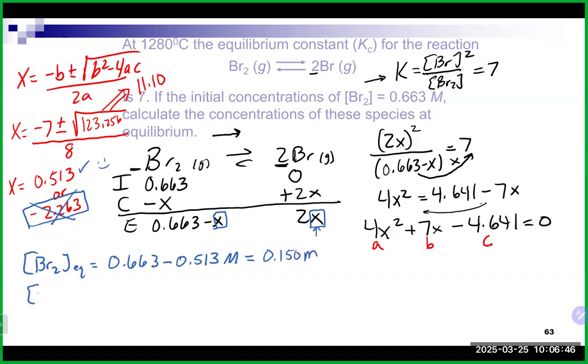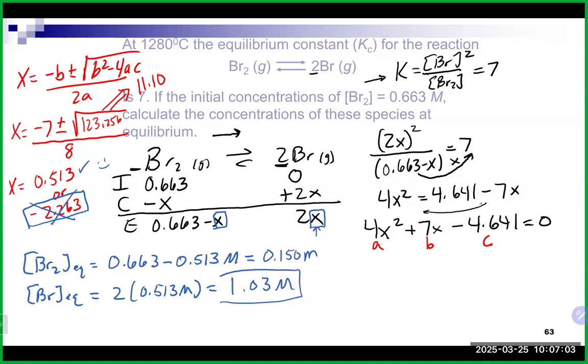For our concentration of Br at equilibrium, it equals 2 times x, so 2 times 0.513 molar. Going to get us here, we'll call it 1.03 molar in this particular case. And these would be, once again, our equilibrium concentrations of everybody. Any questions on that there?